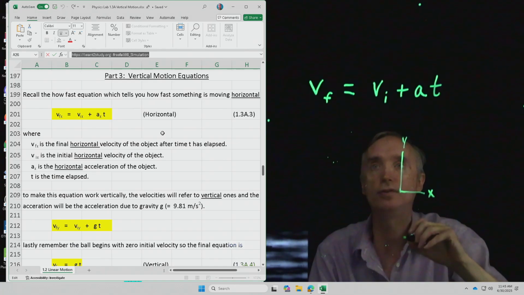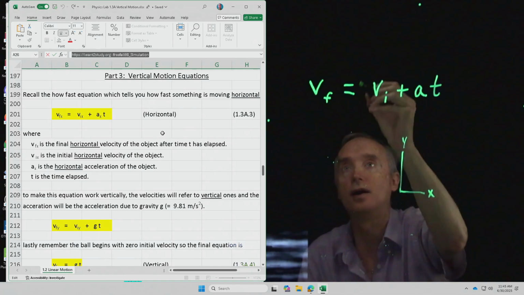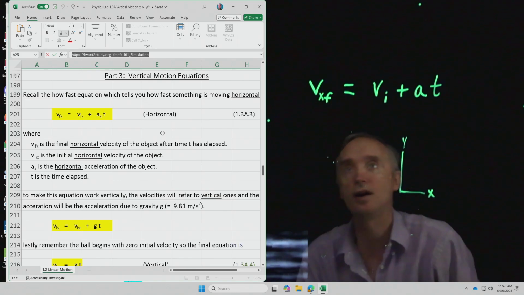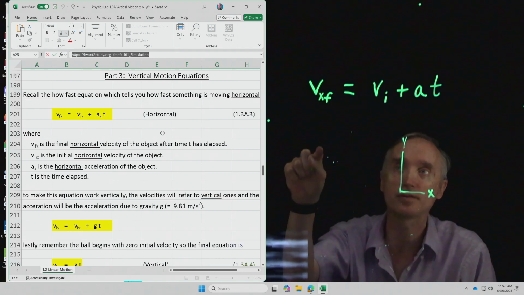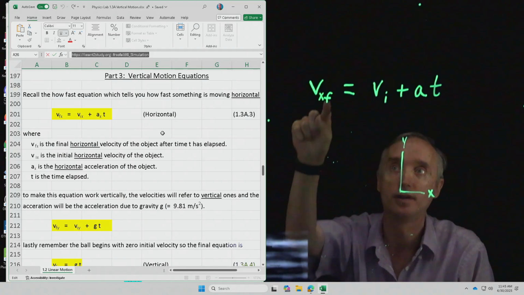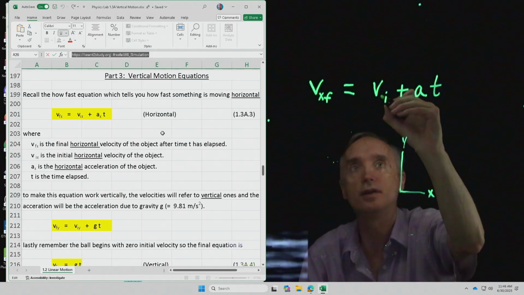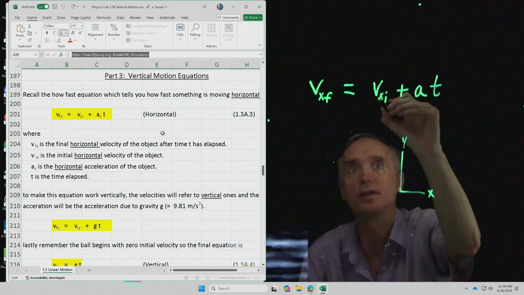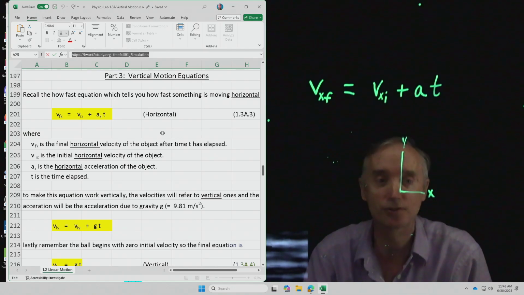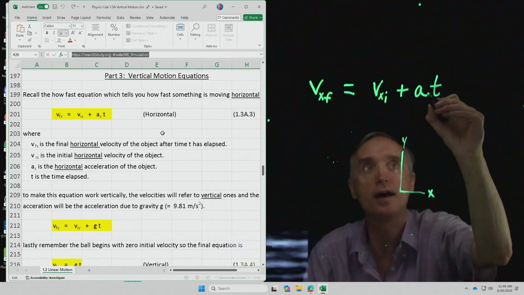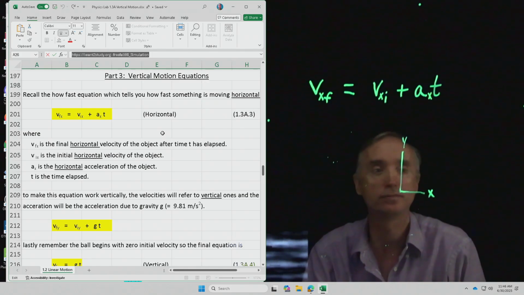So what we're going to do is put an x here. This is his velocity in the x direction, and it's his final velocity. Then we could do the same thing here, and put an x there for his initial velocity in the x direction. And then this is a sub x.